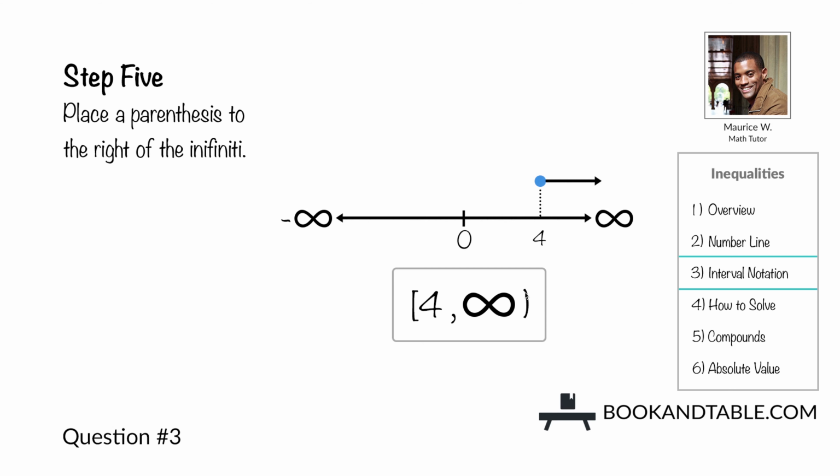And you would never put a bracket on the side of infinity, since infinity is not an actual number. It just represents a continuation of our positive values. So you always have a parenthesis on the side of the infinity. So this would be the answer to question number 3. Bracket 4, comma, infinity, with a parenthesis to the right.